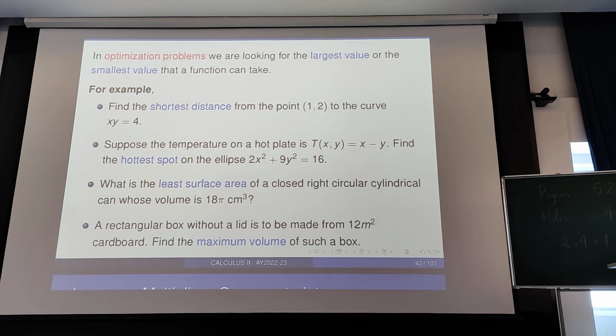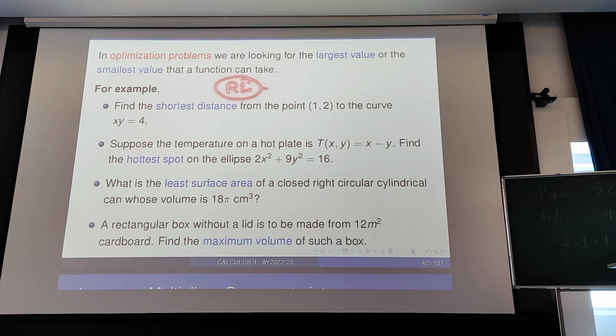In the example, you can see some examples of optimization problems written in mathematical form. Normally in practice we have a real life problem.